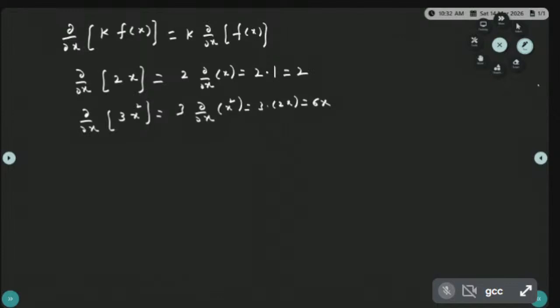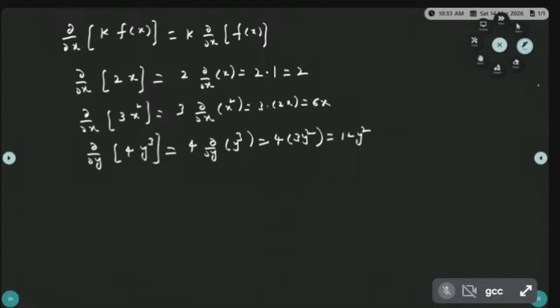Now, dou by dou y of 4y cube. 4 outside, dou by dou y of 4 into 3y square. Most important thing is this.